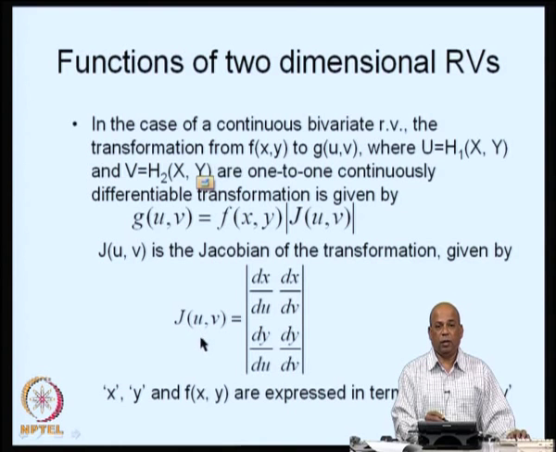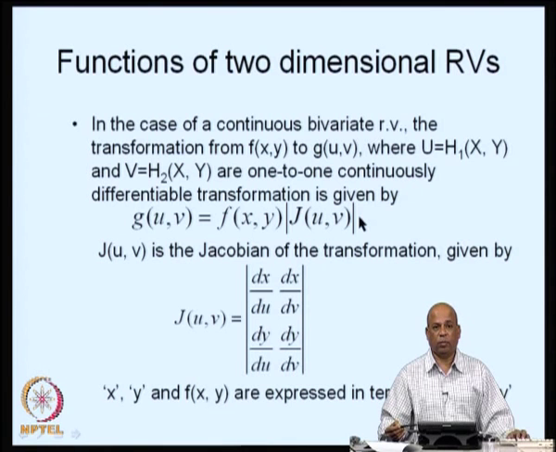The Jacobian of u comma v is given by the determinant of dx by du, dx by dv, and dy by du, dy by dv. So, this is the Jacobian of the transformation. We take the absolute value of the Jacobian and then write g of u comma v as equal to f of x comma y times the absolute value of the Jacobian of u comma v.